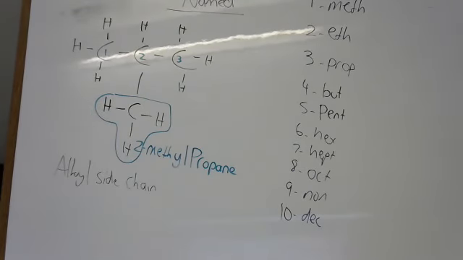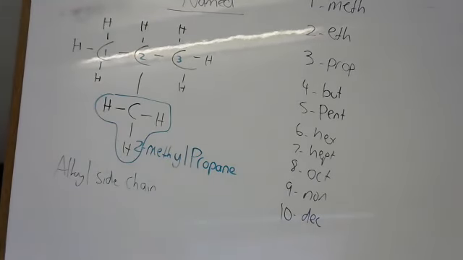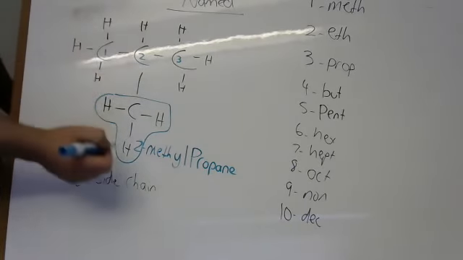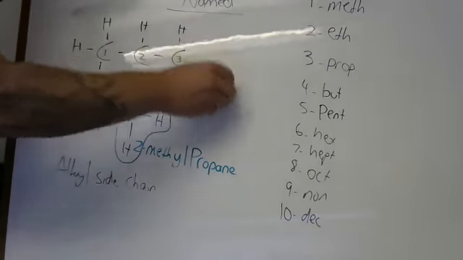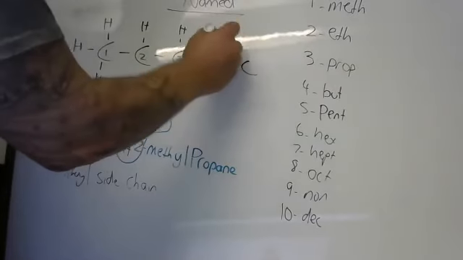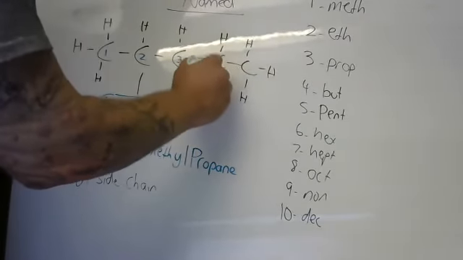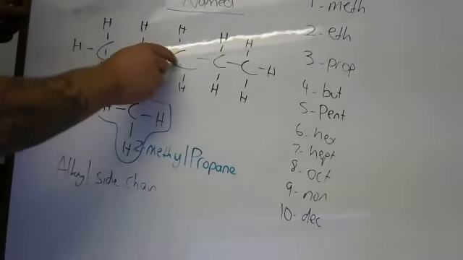The most common question I get is, which side do we count from? It doesn't really matter here because it's the second carbon. You have to count from the side that will give the side chain the lowest number. So let's do this one.